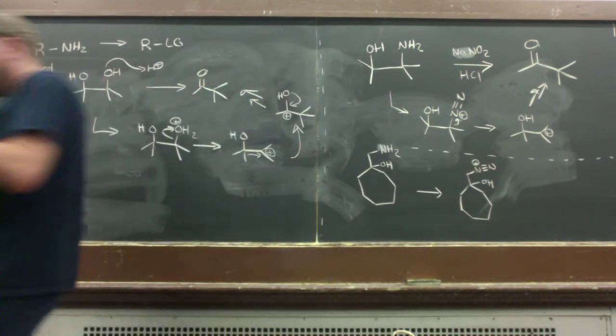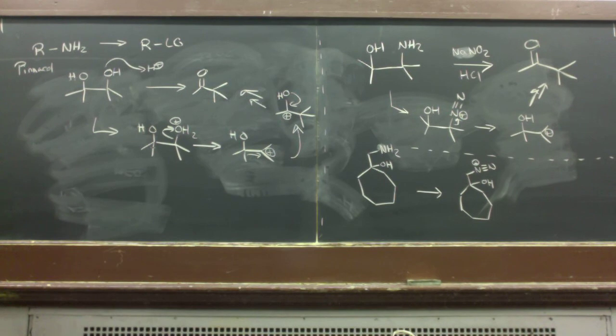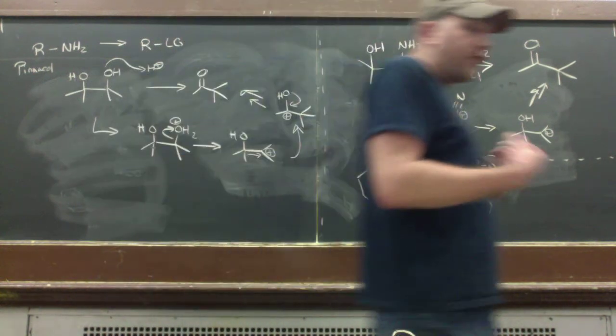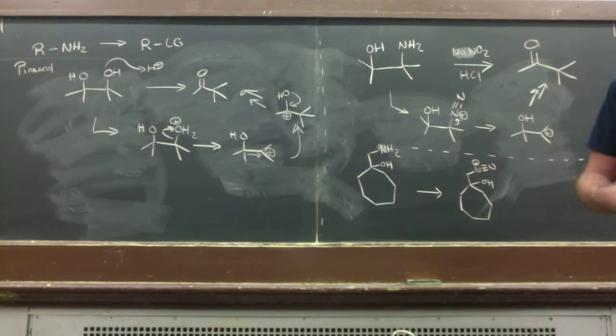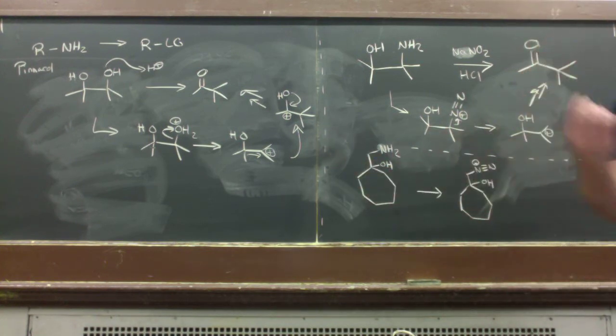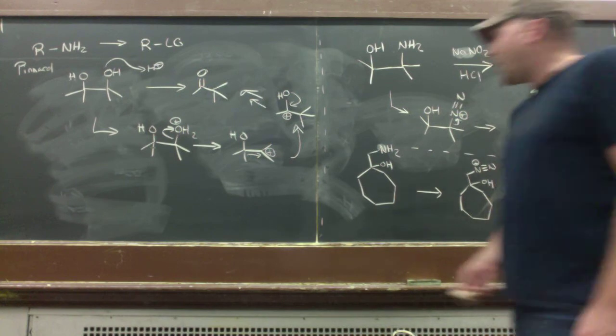Okay, now, we don't generally like to make carbocation intermediates, and it may be the case that we're not generating carbocations in this process. It's very possible that this overall mechanism may in fact be concerted, such that all the bond formations are taking place at the same time, and you never generate a true carbocation.